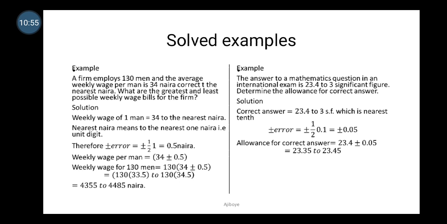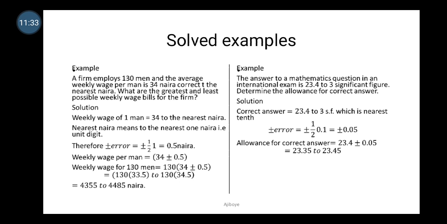What does that suggest? It simply means that the approximation of the weekly wage of one man could be from 33 naira 80 kobo to the nearest naira, 33 naira 90 kobo, 95 kobo, and again, it could be 34 naira 40 kobo.